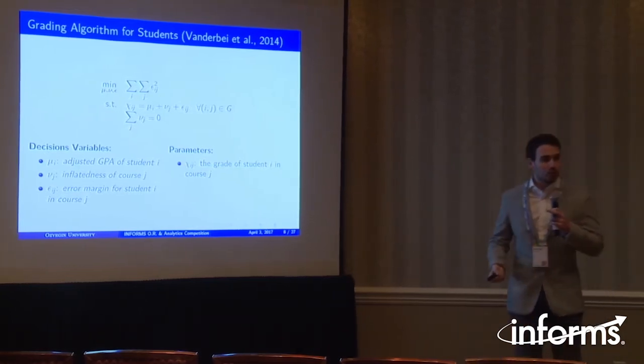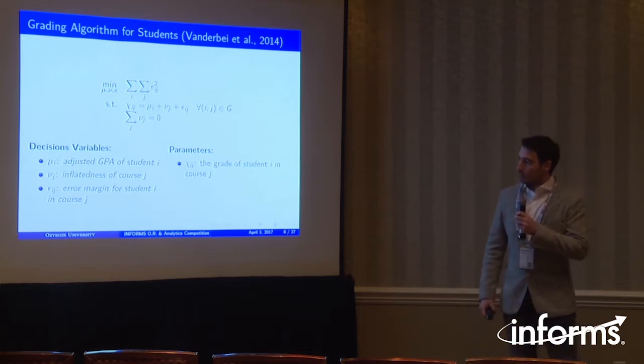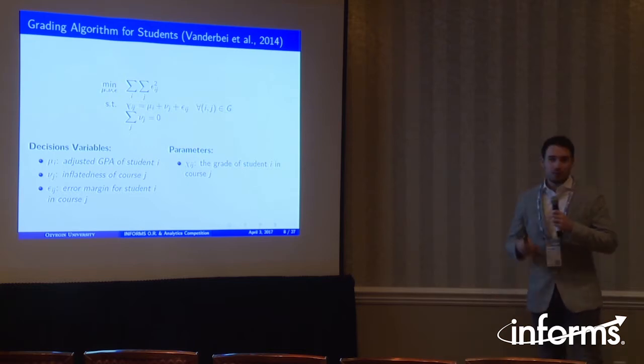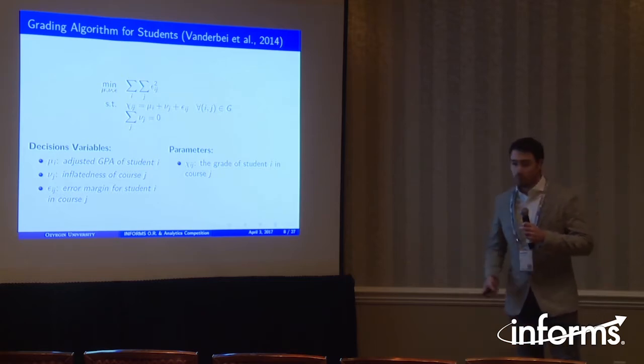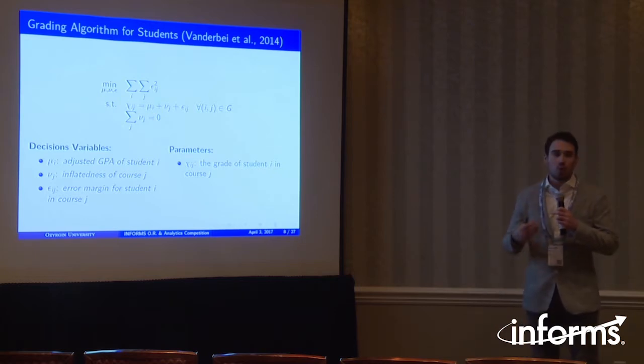Now, in the mathematical model, we have three types of decision variables, which are mu i, the adjusted GPA of student i, and mu j, which is the inflatedness of course j, and epsilon ij, which is the error margin of student i in course j. And we have only one type of parameter, which is psi ij, the grade of student i in course j.